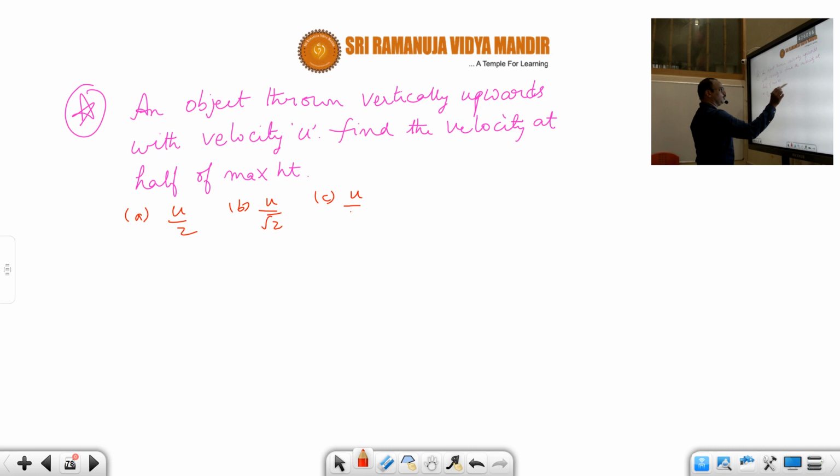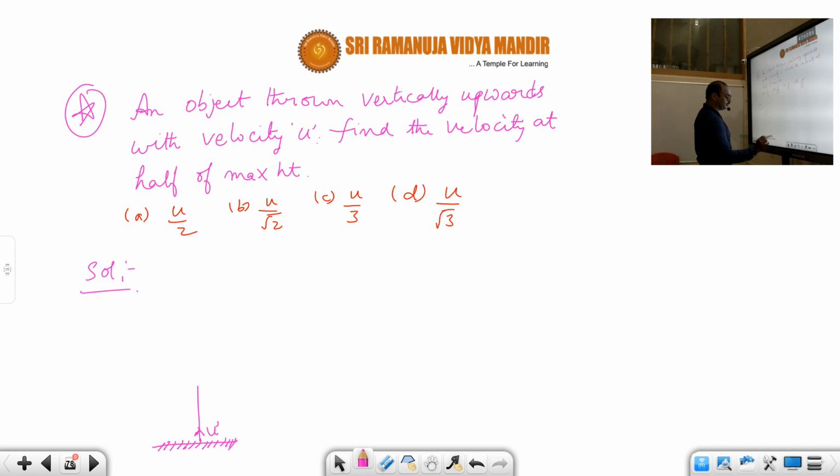So we are making a diagram here. This is the ground level. An object is thrown vertically upwards with some velocity u. They are asking the velocity at half of the maximum height.